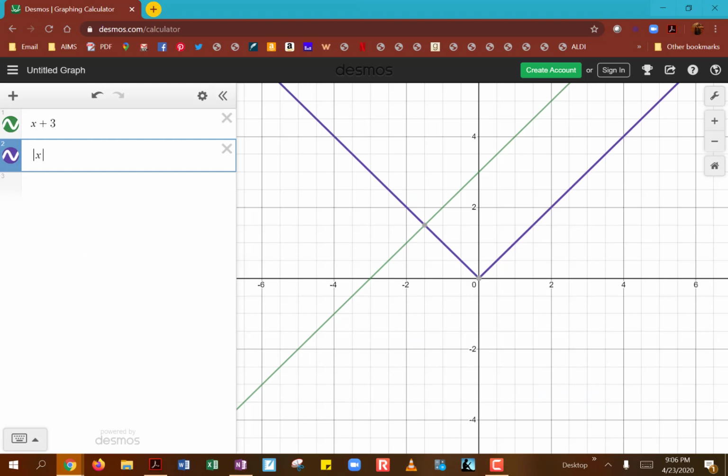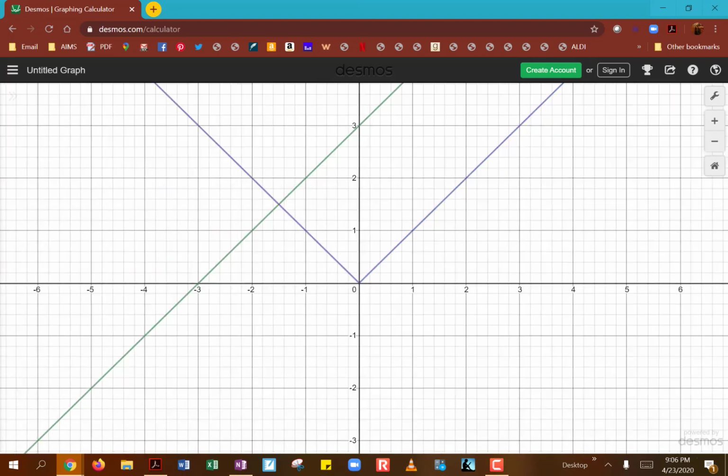Okay, so again, just to show you on the Desmos calculator over here, you will notice where the two graphs are intersecting, you are right halfway between -1 and -2 on the x-axis, and halfway between +1 and +2 on the y-axis.